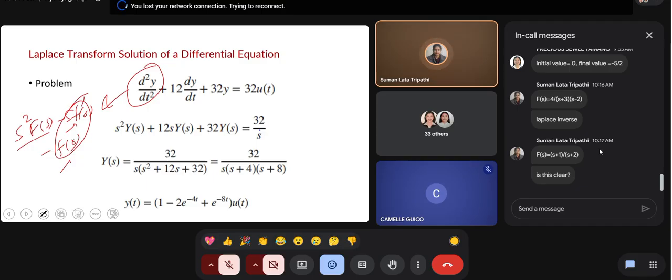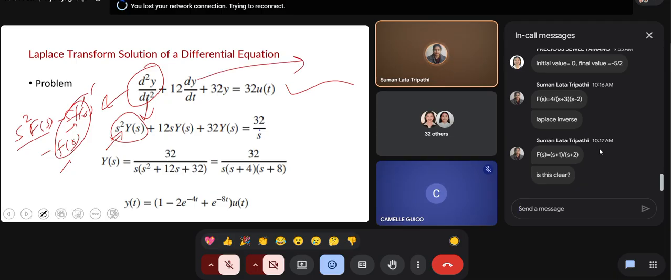Suppose you have to find the Laplace transform of this equation, so how will you do it? I have assumed that initial conditions are 0. It will be s square Y(s), because here instead of f it is y, and because this is the second derivative, s square comes, as we have assumed the initial conditions 0, so those two terms become 0.